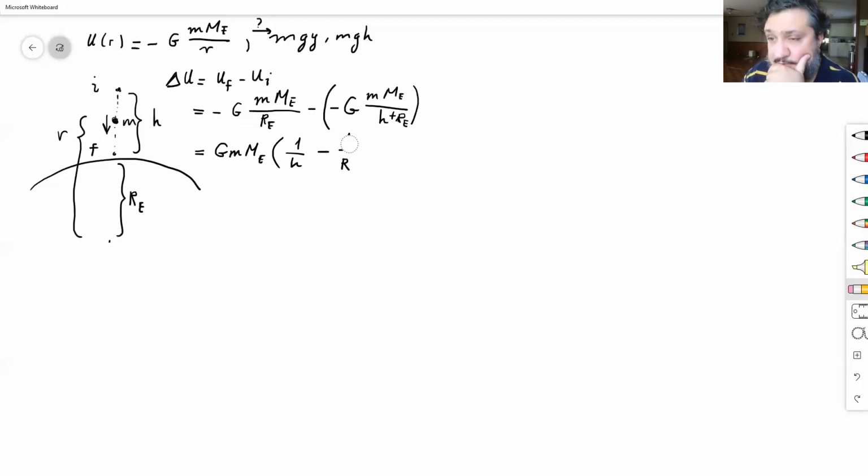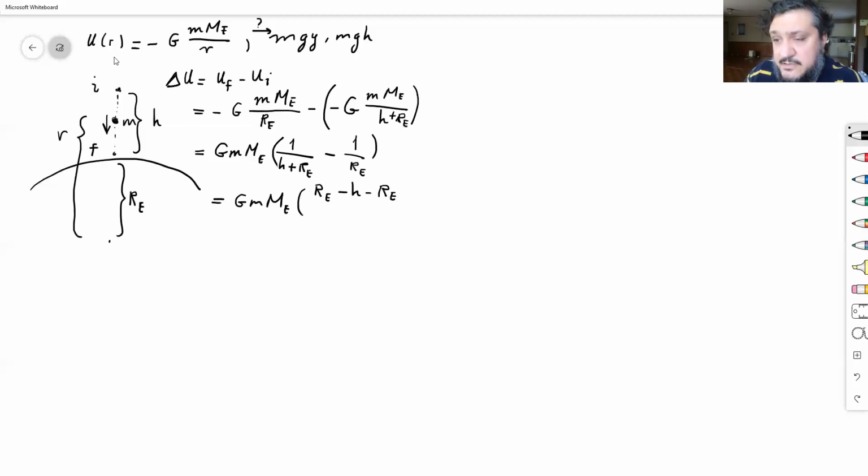So this is 1 over H plus RE minus 1 over RE. So it equals G M ME times RE minus H minus RE in the numerator.